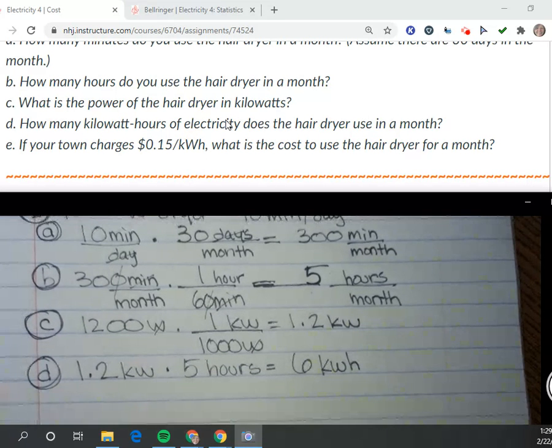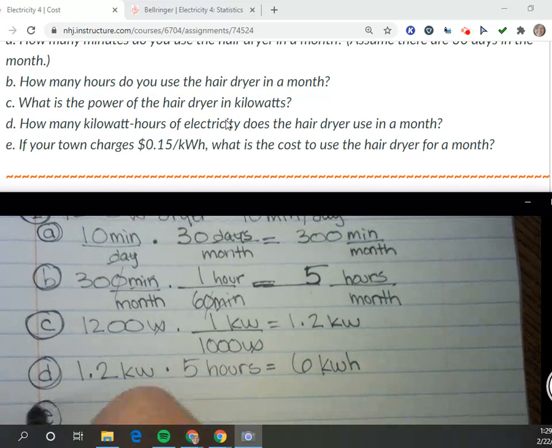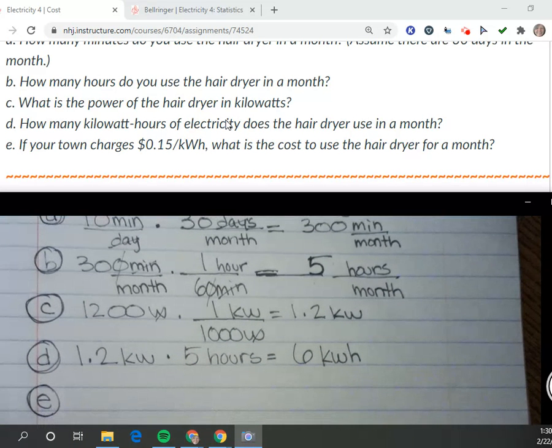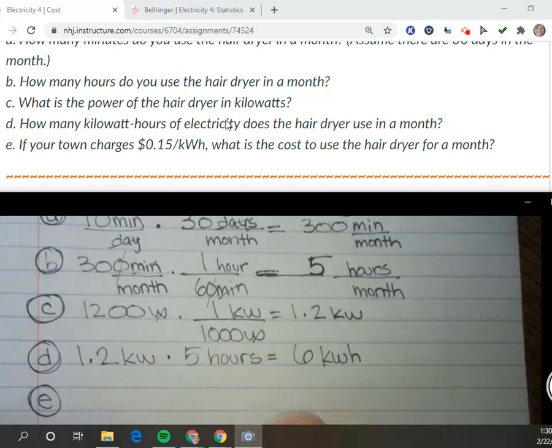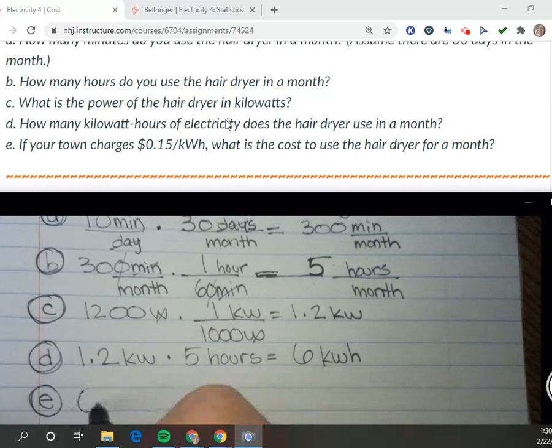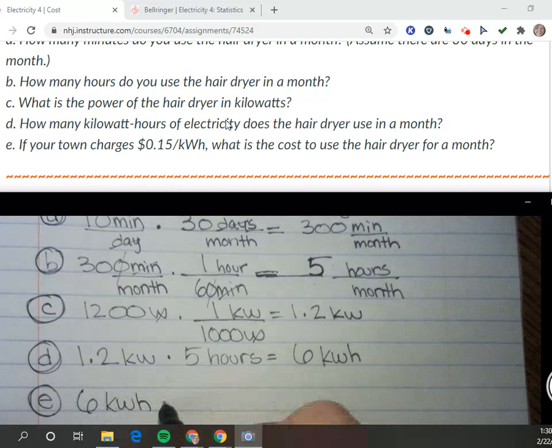And so now we're going to find out how much does it cost to use that hair dryer every month. If your town charges 15 cents, that's a pretty common charge. It kind of fluctuates, but we're going to take our kilowatt hours at $0.15 per kilowatt hour.